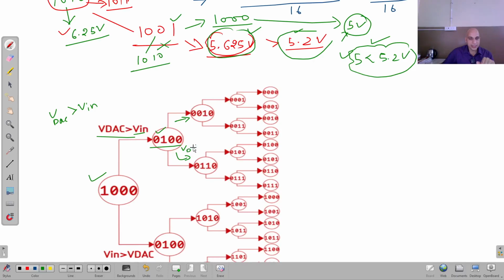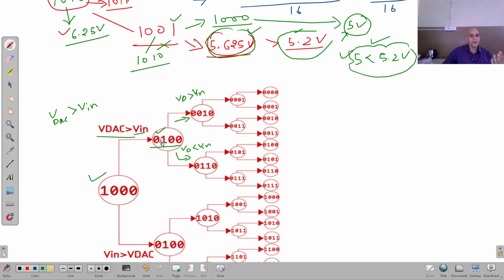V_DAC is less than V_in here, and here V_DAC is greater than V_in, right? If V_DAC is greater than V_in, then we will go to this side, and if it is less than, then we will go to this side. If it is higher, then this bit will be set to 0, the next will be set to 1, and if it is less than V_in, then the value will be increased.